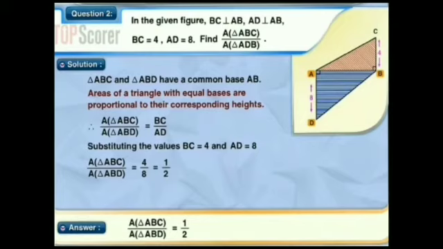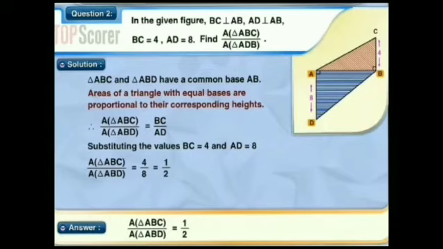We have triangle ABC in which BC is height and AB is base. In the second triangle, that is triangle ADB, we have AD as height and AB as base. That means we have common base for both the triangles.